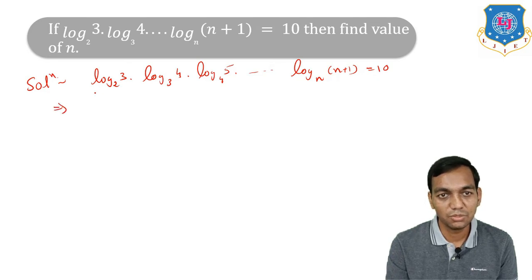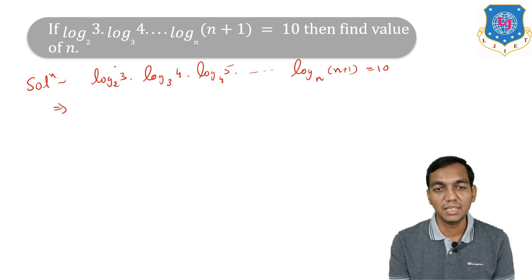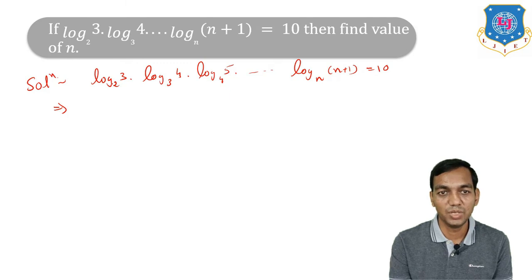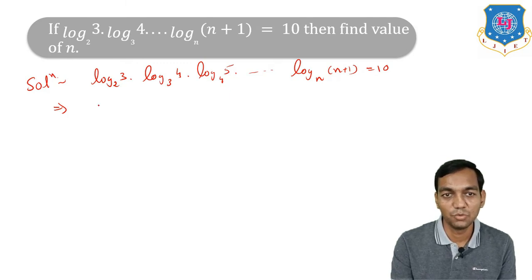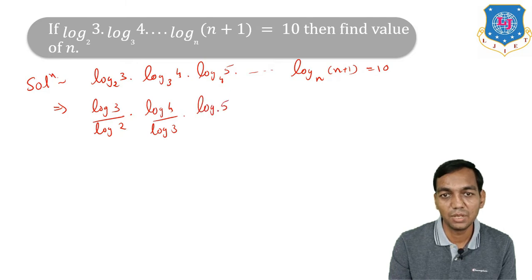So what we are going to do, we are going to use the property of change of base. What you have to do is, you can write this as log 3 by log 2. In the same manner, this can be written as log 4 by log 3. In the same manner, this can be written as log 5 by log 4.